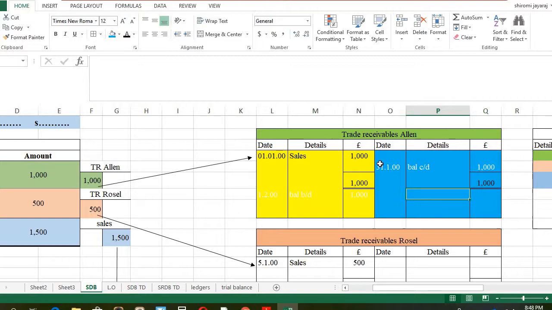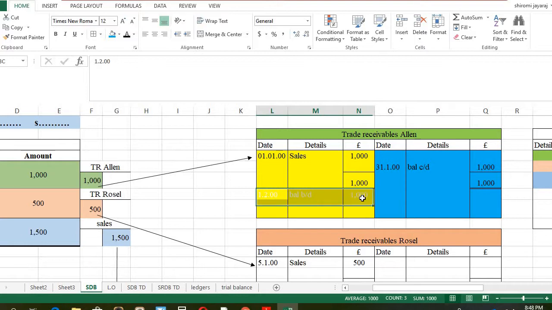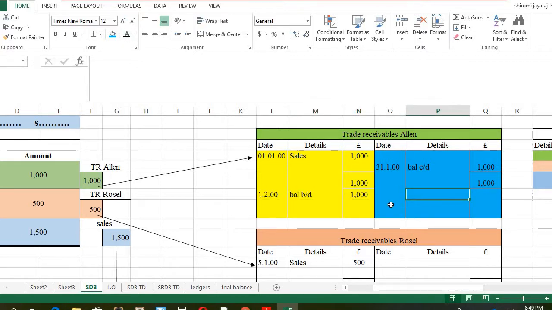Now you can see that the difference on the credit side is balance carried down, end of month date 31st Jan 2000, followed by balance brought down on 1st of Feb 2000, 1,000. Therefore, trade receivable Allen has 1,000 debit balance.